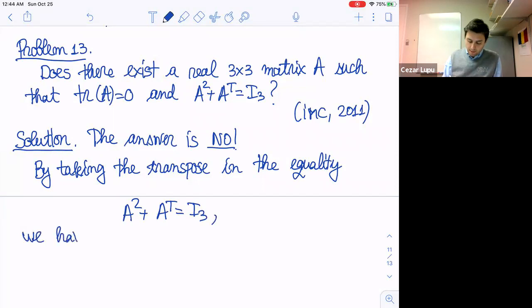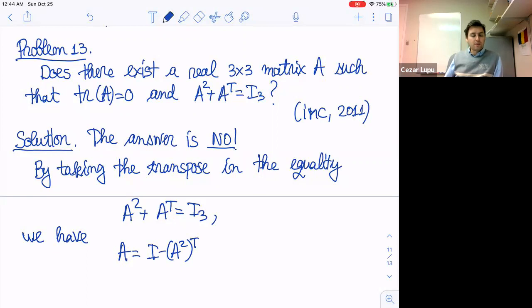And let's be careful here. So we have that A is the same as the identity minus A squared transpose, right?